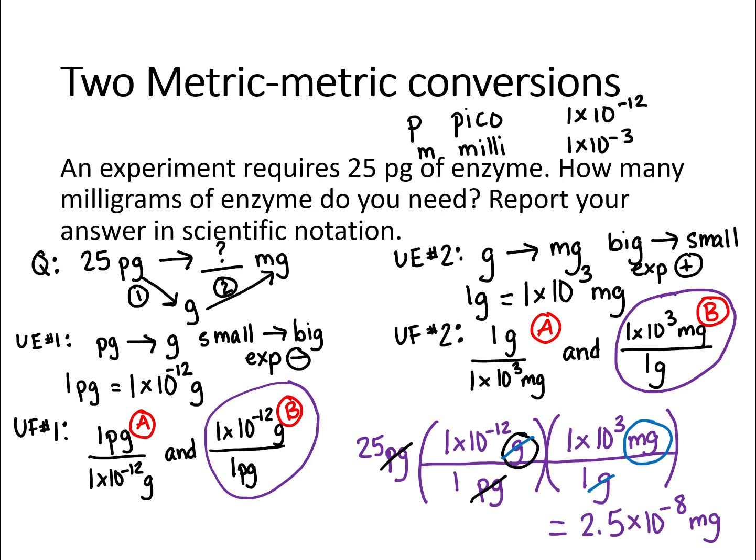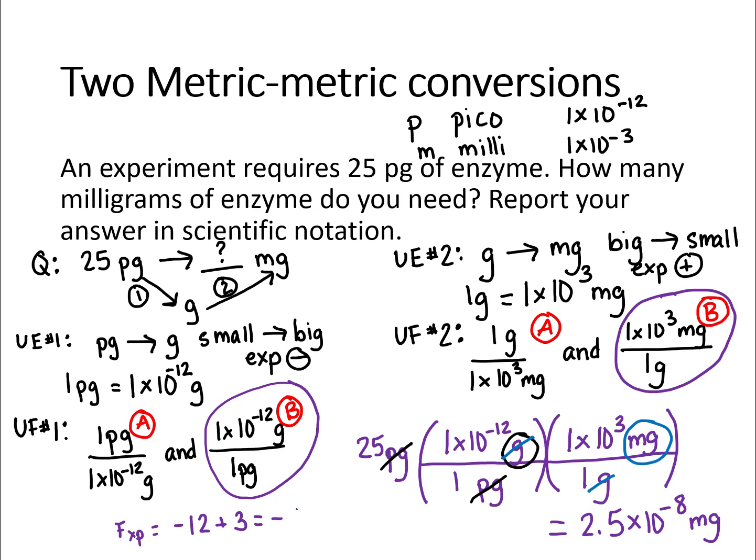So how do we feel about that one? Okay, so if you just did the trick of saying, okay, I've got 1 times 10 to the minus 12 and 1 times 10 to the third, just for your exponents, negative 12 plus 3, we're adding, right? Because it's exponents and we're multiplying.